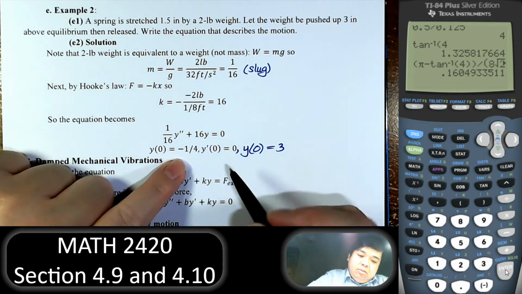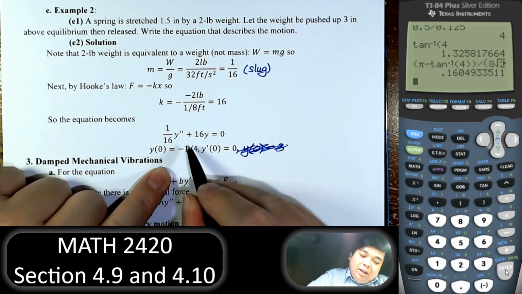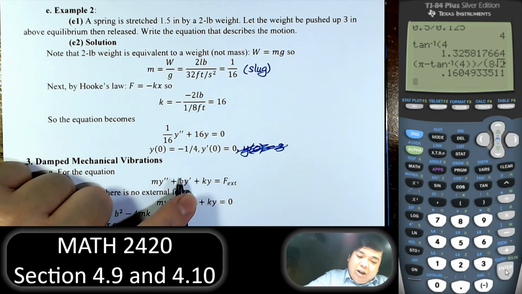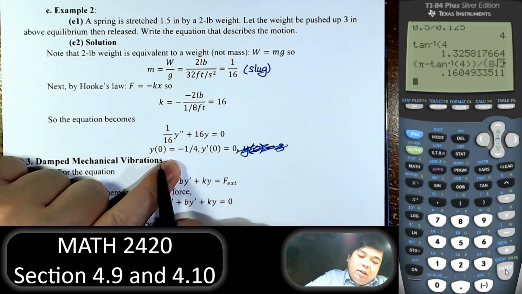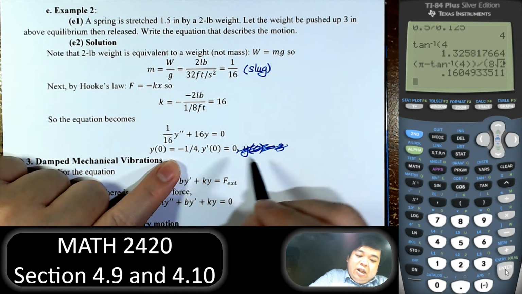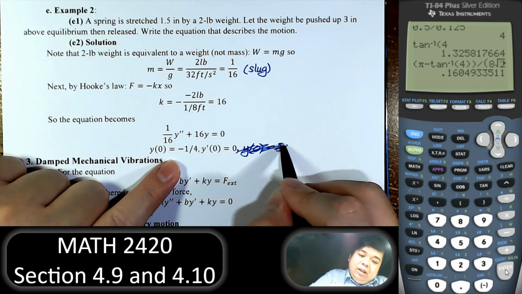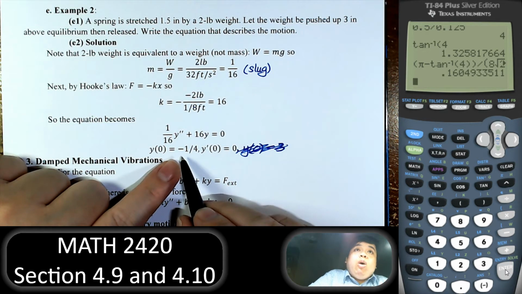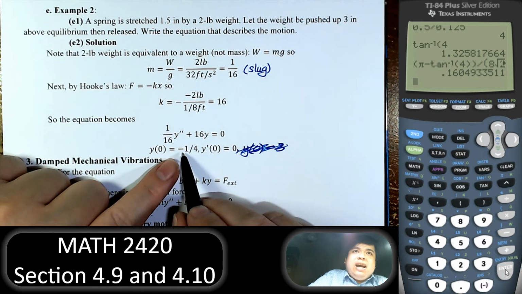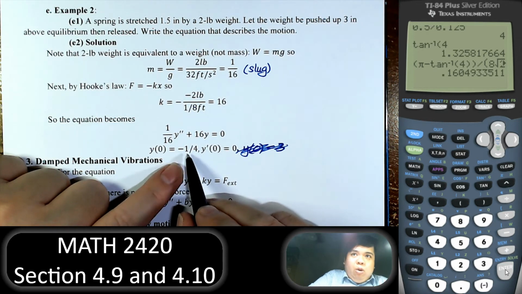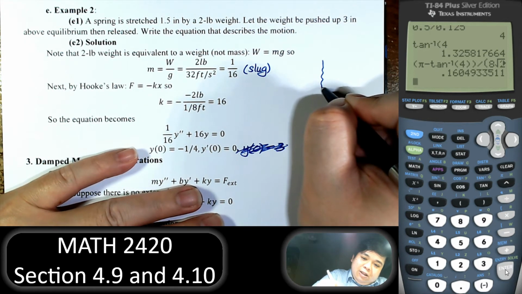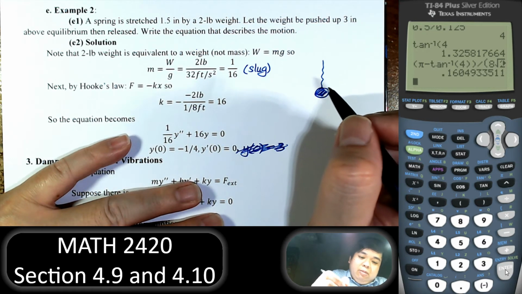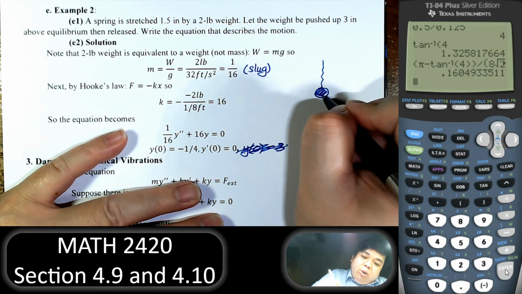Oh, sorry. This system, I want to rewrite that. So initially it is 3 inches, but we write that in feet. Of course we can let that be negative or positive, depending on how we define it.